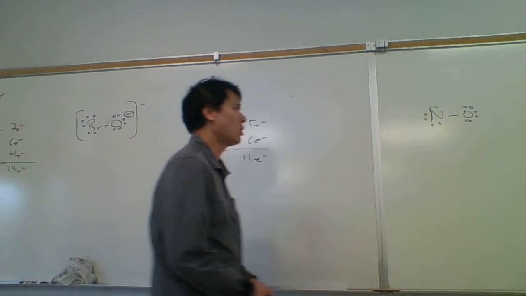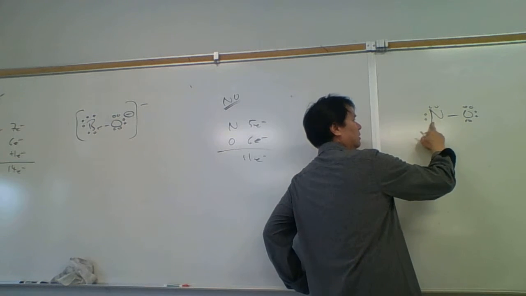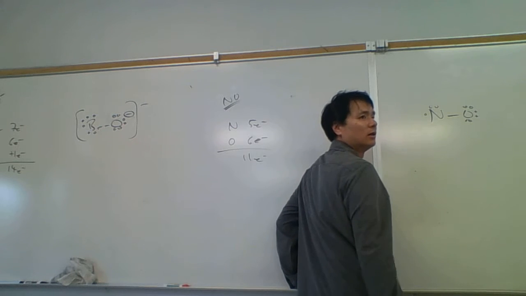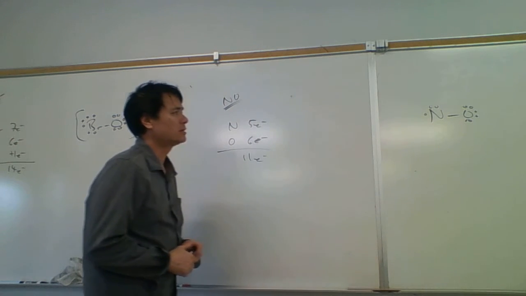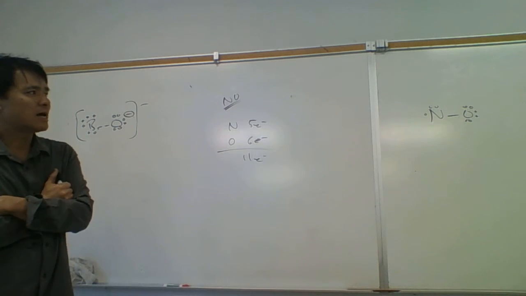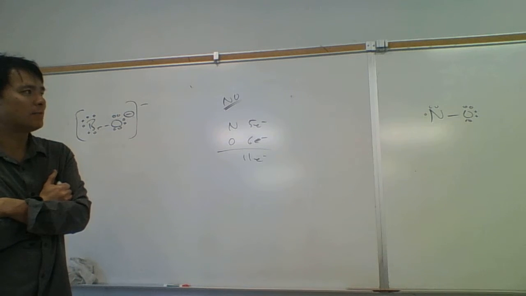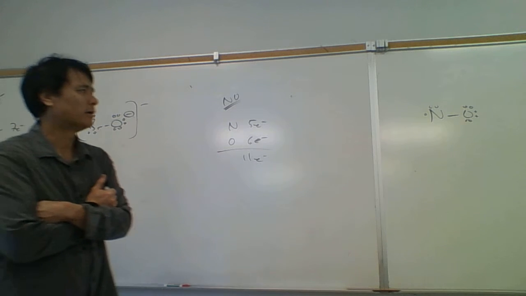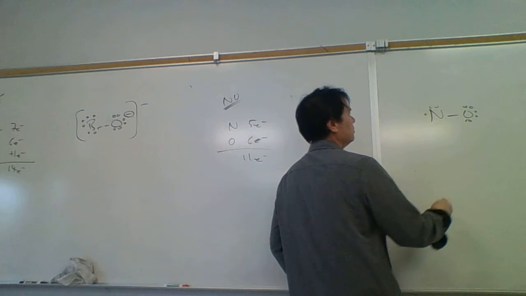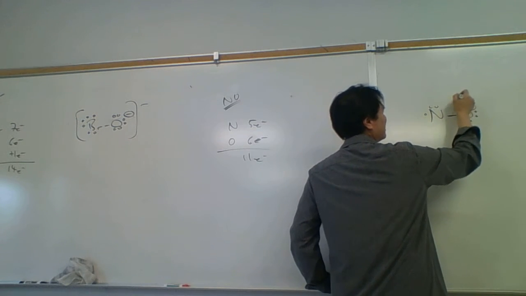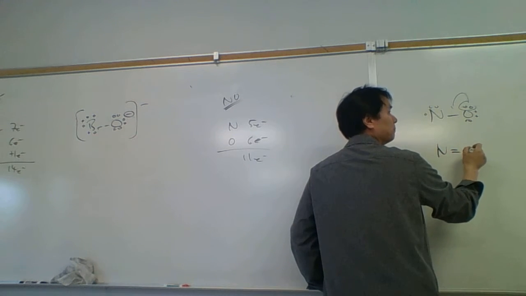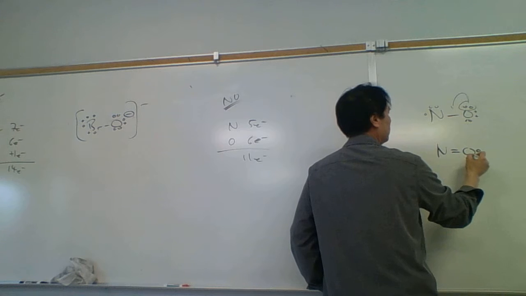Probably nitrogen. Why nitrogen? Because nitrogen is less electronegative. But that's going to leave nitrogen without an octet. And so oxygen's got to help out now. How can it help out? Yeah. And so what I'm going to do is I'm going to take this pair and bring it into the bond. So I'll get a double bond here. Like that.